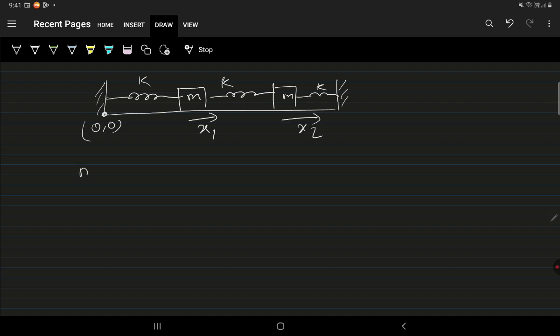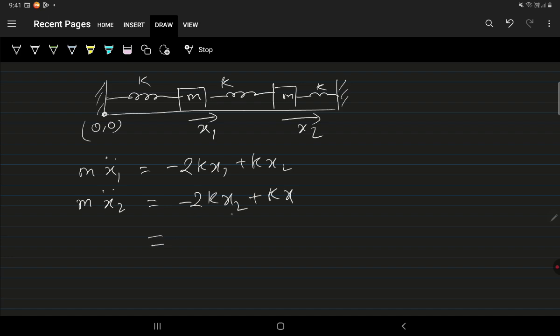I can write m x1 double dot equals minus 2k x1 plus k x2. Similarly, for the second block, I can write m x2 double dot equals minus 2k x2 plus k x1. Rearranging, we get k x1 minus 2k x2.